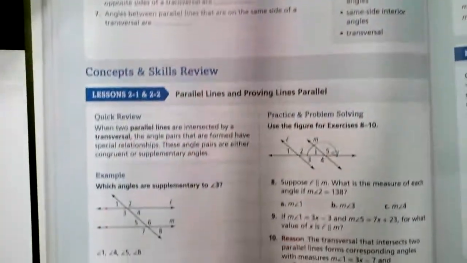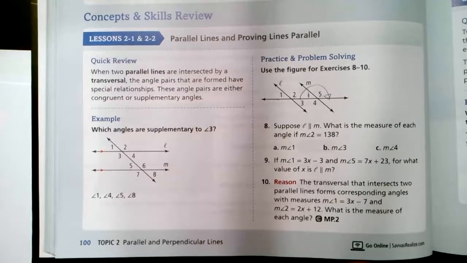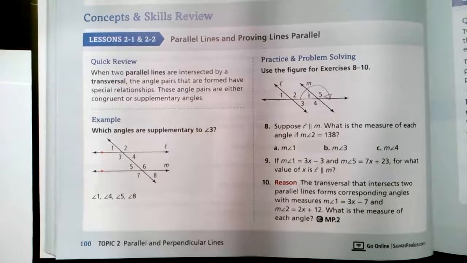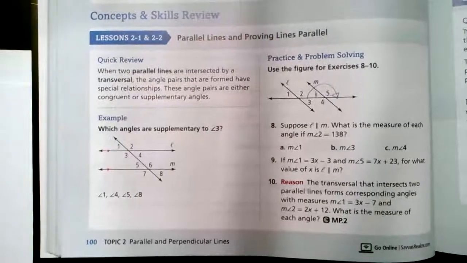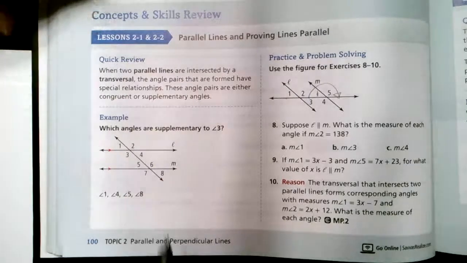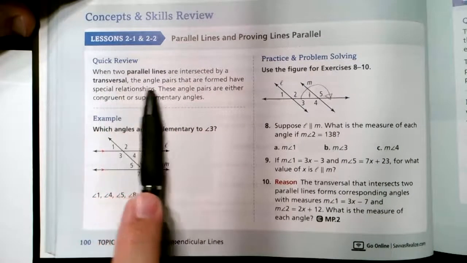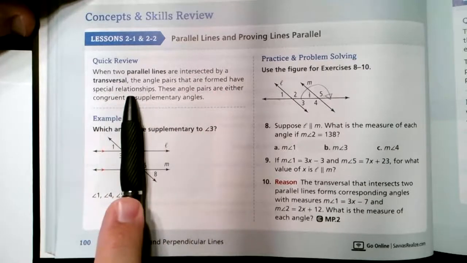So lessons 2.1 and 2.2, it looks like they went ahead and hodgepodged it all into one review, and it's because they're super similar. They're both dealing with parallel lines and transversals and the relationships that those two things form. So the quick review: when two parallel lines are intersected by a transversal, the angle pairs that are formed have special relationships.